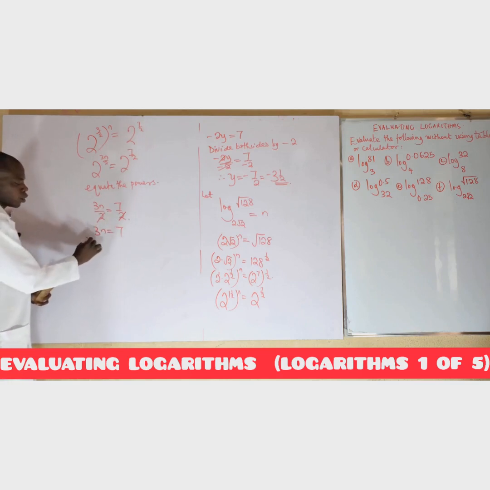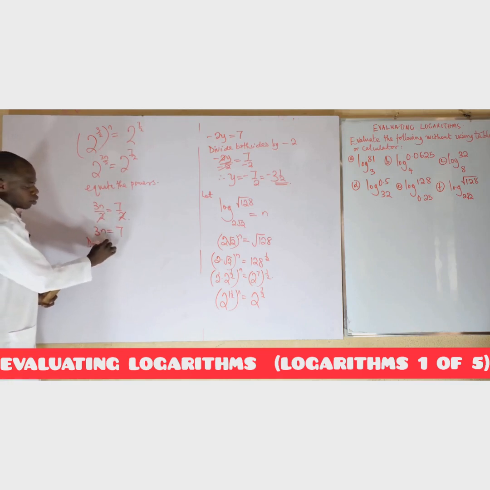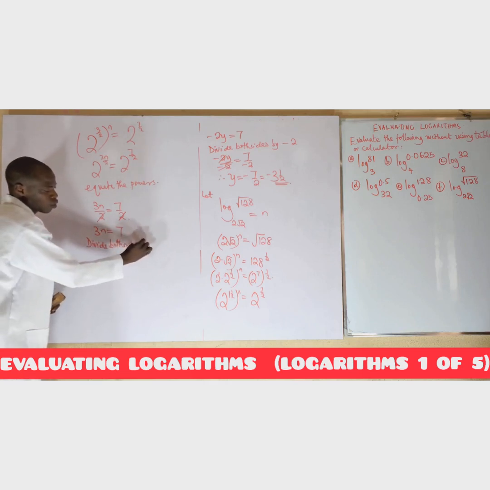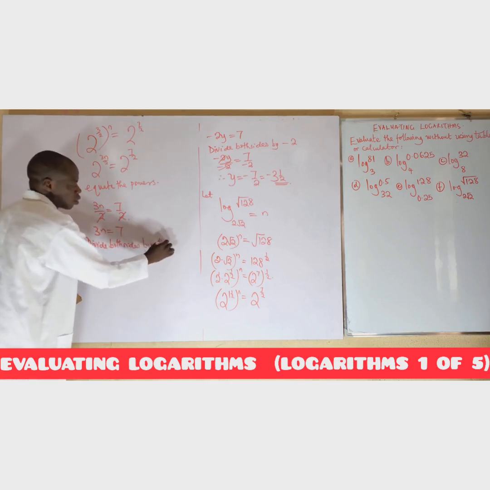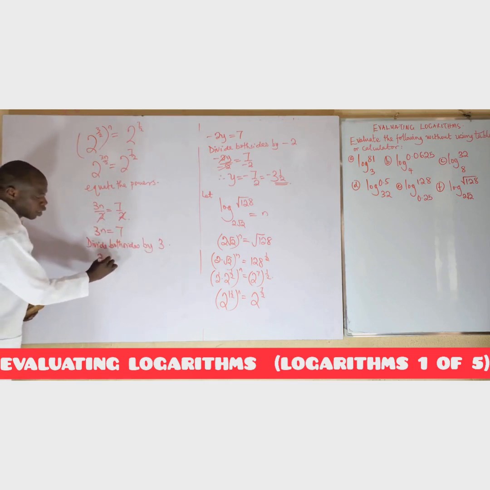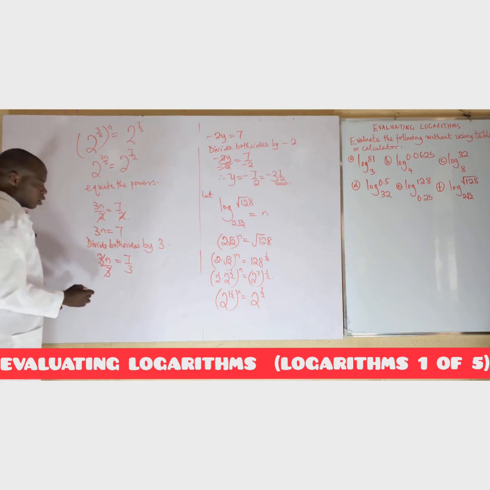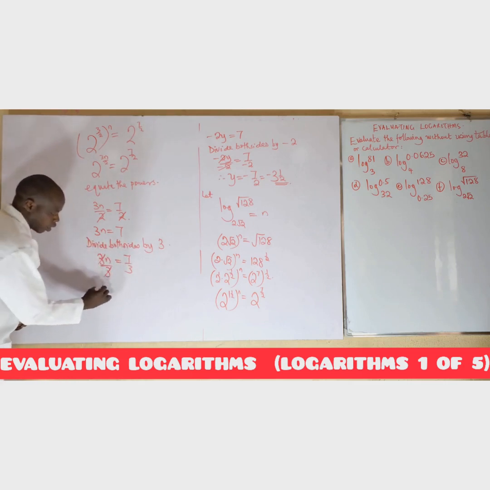From there, you can divide both sides by the coefficient of n. Divide both sides by 3. In that case, you're having 3n over 3 equals 7 over 3. 3 cancels 3. Then from here, you can see n equals 7 over 3.